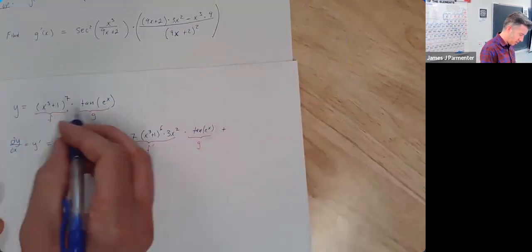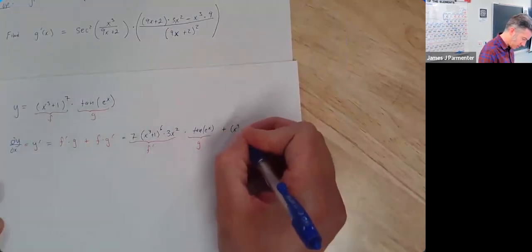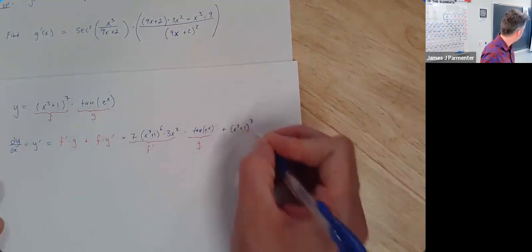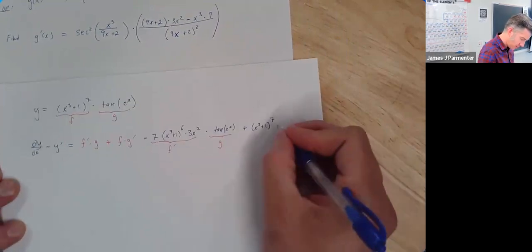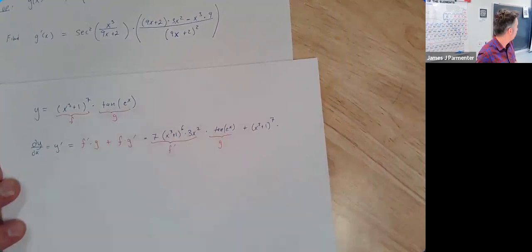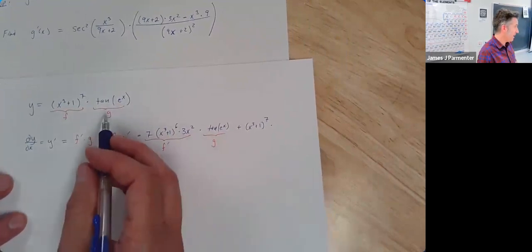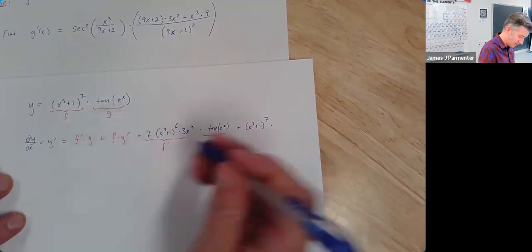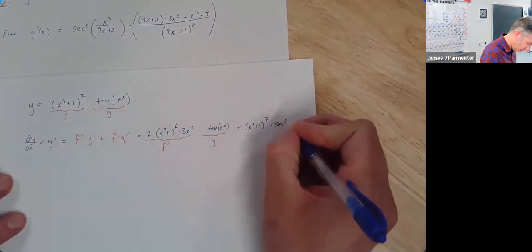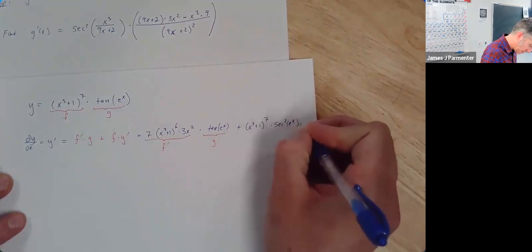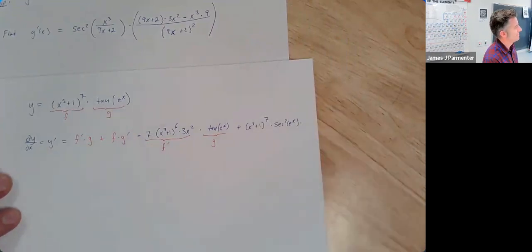Now I leave the first part alone. I have x cubed plus 1 to the 7th. I have to multiply that by the derivative of tangent of some stuff. The derivative of tangent of x is secant squared of x. The derivative of tangent of stuff is secant squared of your stuff times what?